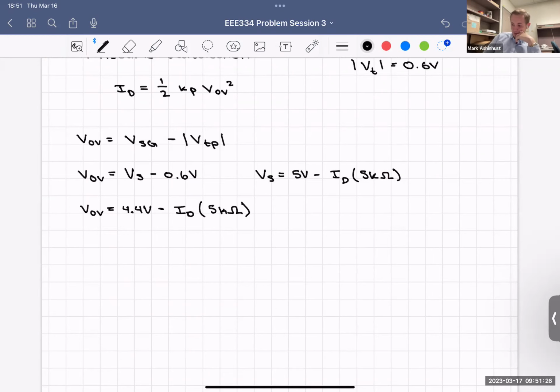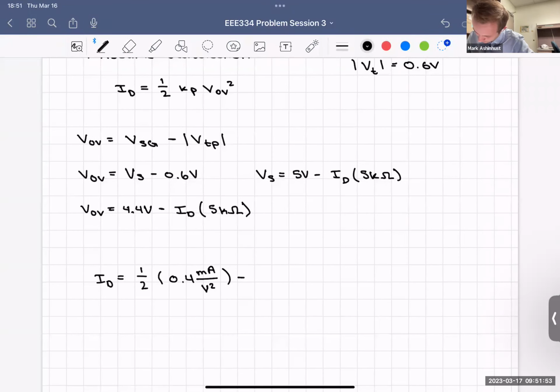Well, we know what KP is and we know what VOV is, so now we can solve for ID if we're in saturation. So 1/2, what's KP? KP was the same, it was given to us in the question, 0.4 milliamps per volt squared. If you don't have the question with you, don't worry, this was given to us. This isn't something you need to solve for or know beforehand.